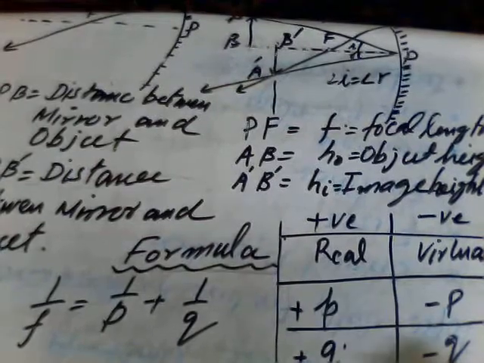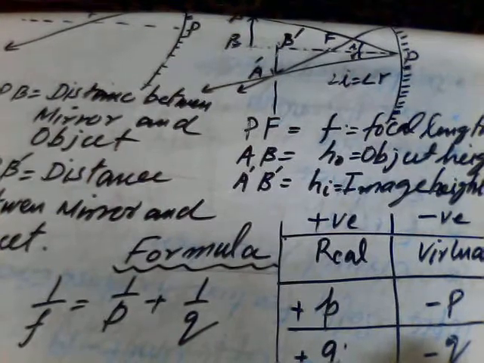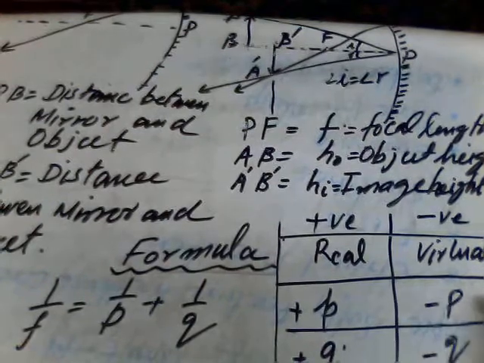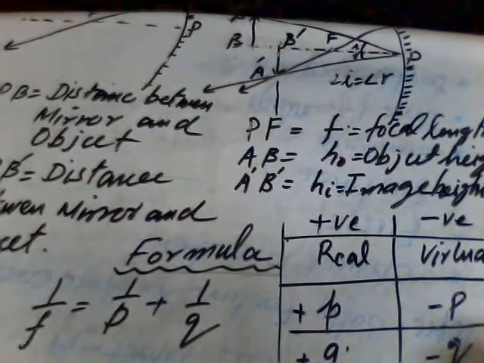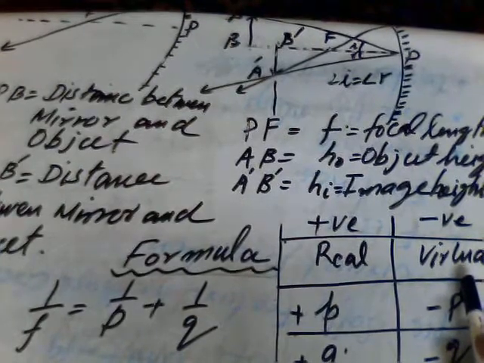All are distances, and when we take their values positive, it means all these are real. For the virtual image, the distance between mirror and object will be negative, the image distance will be negative, and the focal length will be negative. All these things will be negative when the image is virtual in nature.